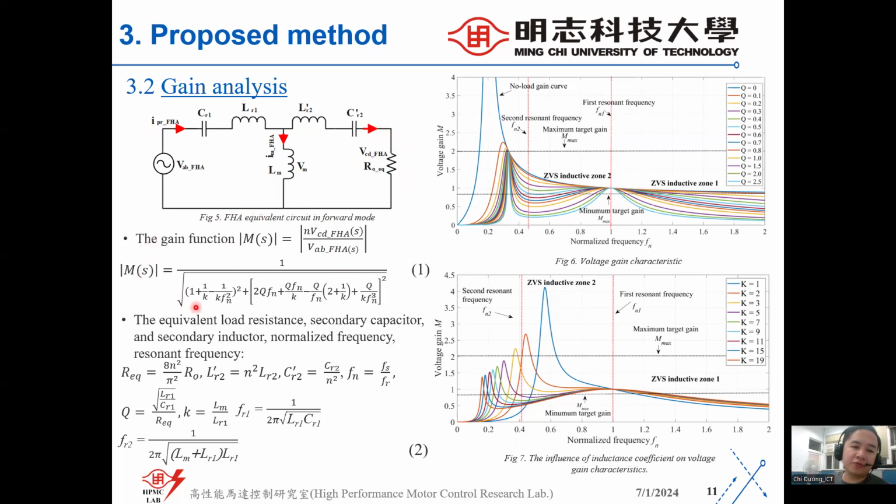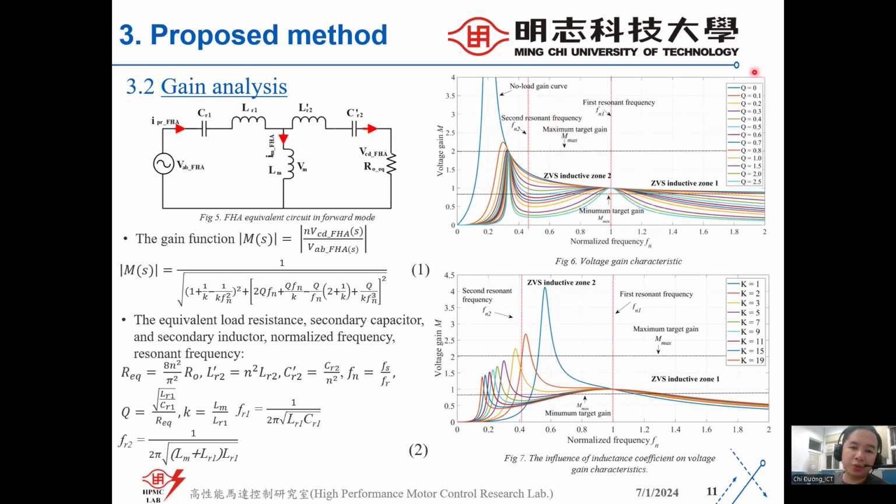You can see in the gain function we have K, Fn, and Q. In figure 6, when we set K to a fixed value and change Q, you can see that when Q is highest, the voltage gain is lowest, and we need to choose Q so the voltage gain M stays in the stable zone between the minimum target gain and the maximum target gain.